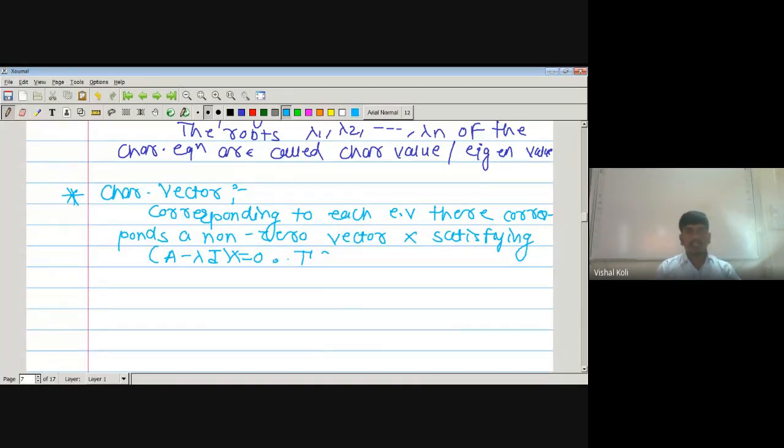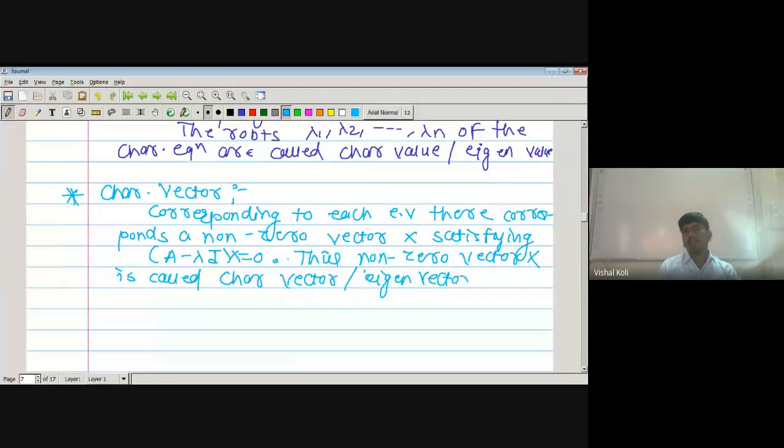Thus the non-zero vector x is called a characteristic vector or eigenvector. What is an eigenvector? If there is a characteristic value lambda, then there corresponds a non-zero vector x such that it satisfies this condition, matrix A minus lambda I into x equal to 0. Then this non-zero vector x is called an eigenvector.